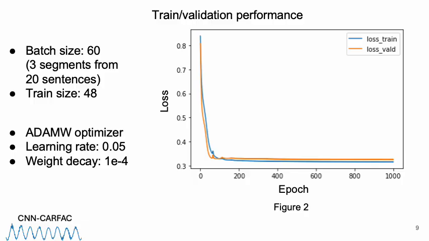And here are the loss values as a function of the number of epochs. As you can see, both training and validation loss are converging, and we can see the convergence at around epoch number 100, and there is no sign of overfitting or underfitting. And here is more detail about the training parameters.